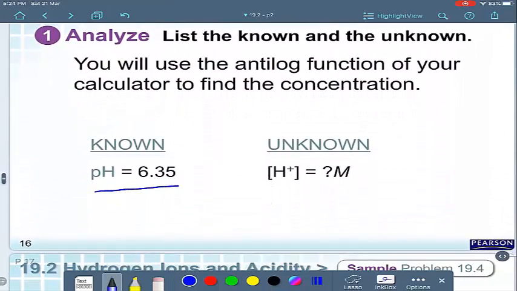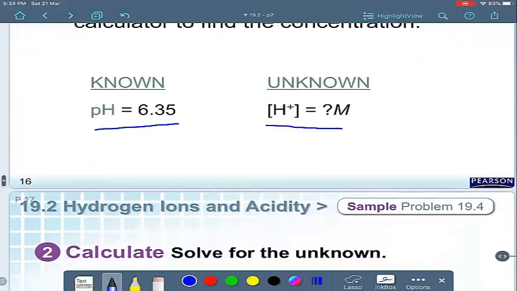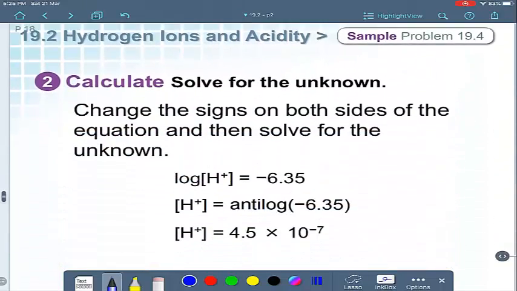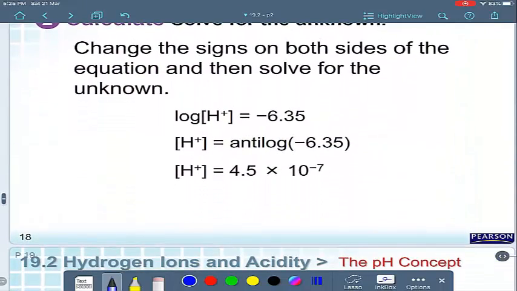Because pH equals negative log H+ concentration, but we need H+ only, anti-log means using inverse log on the calculator.